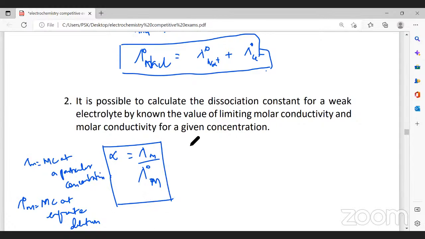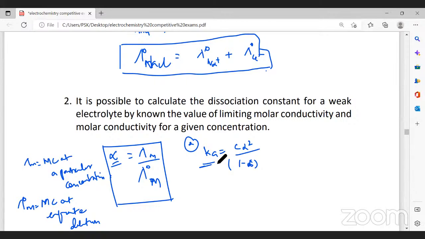The second formula is for the dissociation constant. Ka is equal to C alpha square divided by 1 minus alpha. If you know the degree of dissociation, we can calculate the dissociation constant.